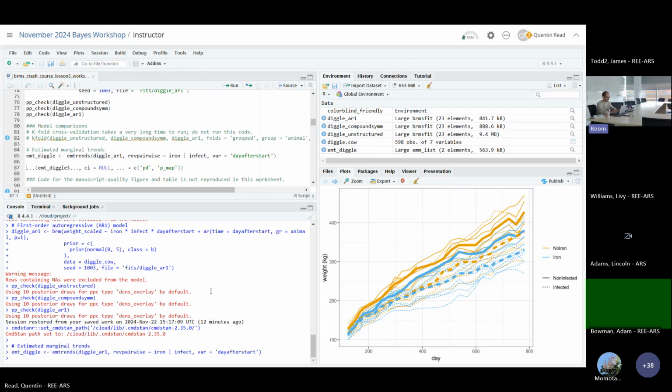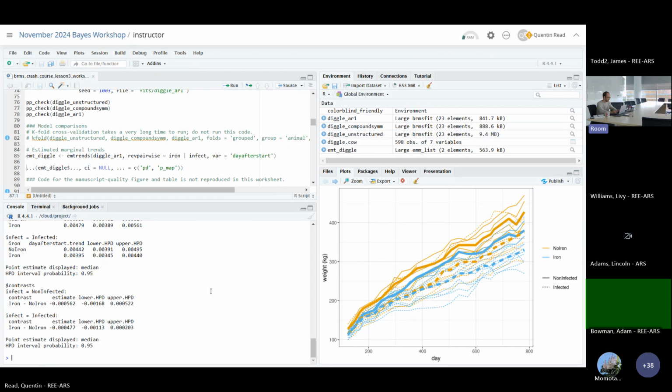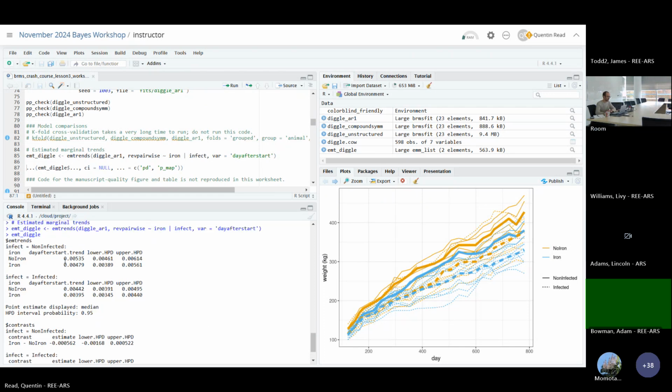And yes, we can print out the object by typing it into the console. And you can see we have point estimates for the trends, and the slopes are quite similar, right?